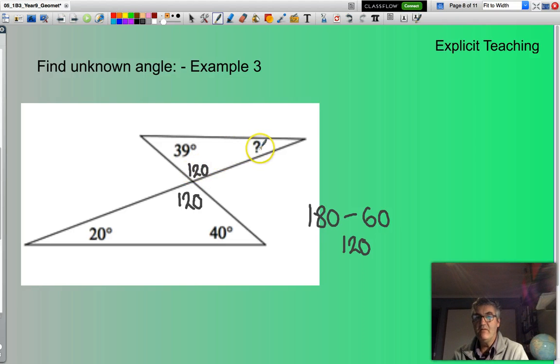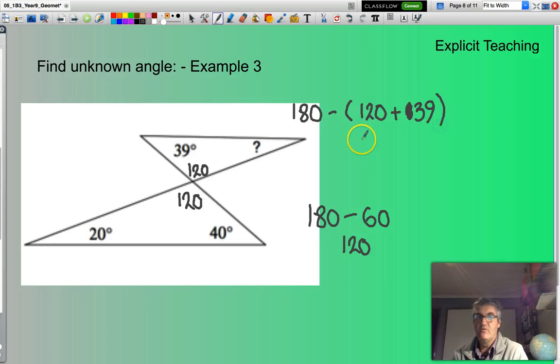So this angle here will be 180 minus the sum of 120 plus 39.